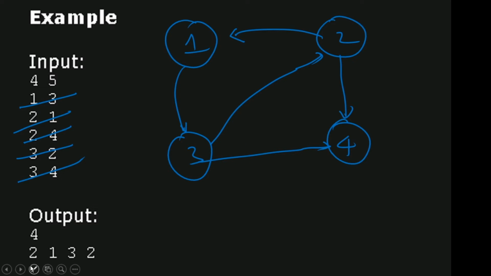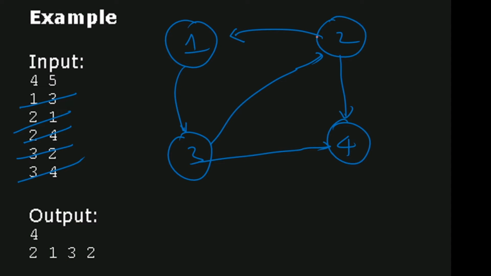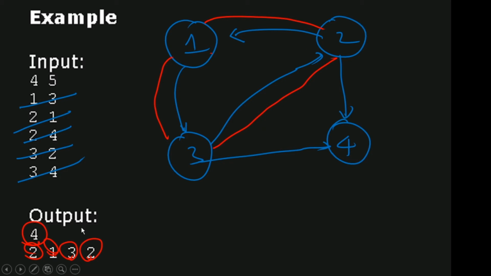So what is the cycle? We have a cycle from 2 to 1, then from 1 to 3, and then 3 back to 2. The length of the cycle is 4: 2, 1, 3 and then back to 2 again, so it's 4.